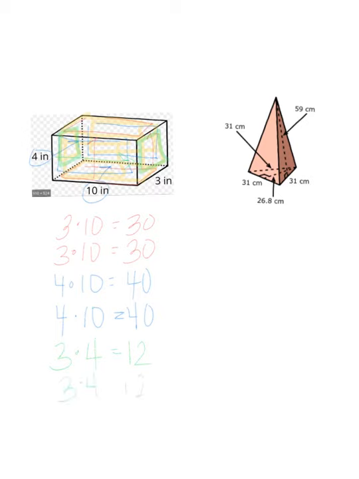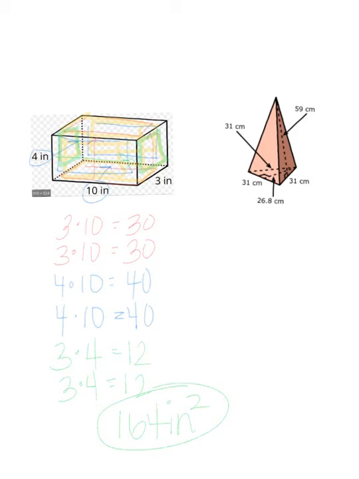And so really surface area is just a whole bunch of areas that we're going to add together. So quickly adding these up, we got 60, 140, 52, 64, 164, I believe, inches squared. Which is pretty easy. Again, I think you did it in 6th grade, but just as a quick review.